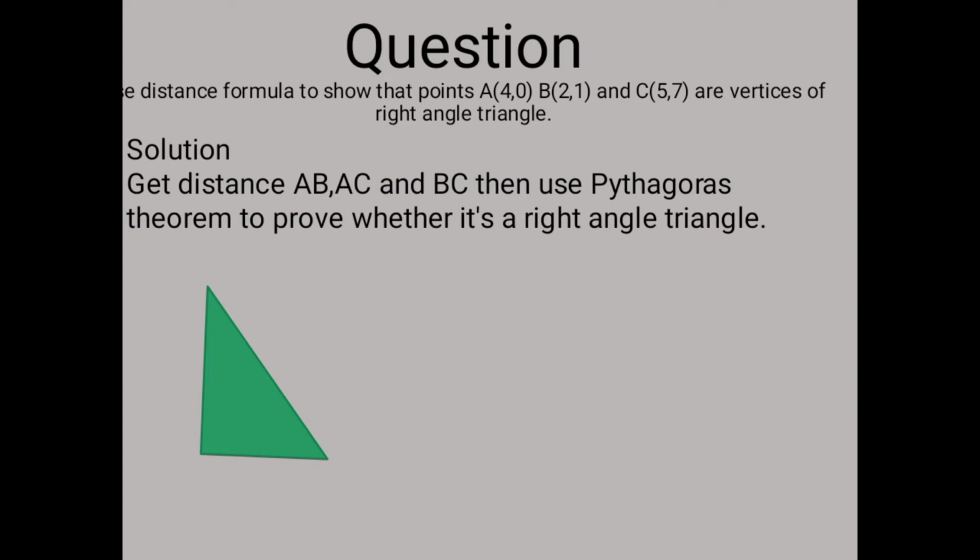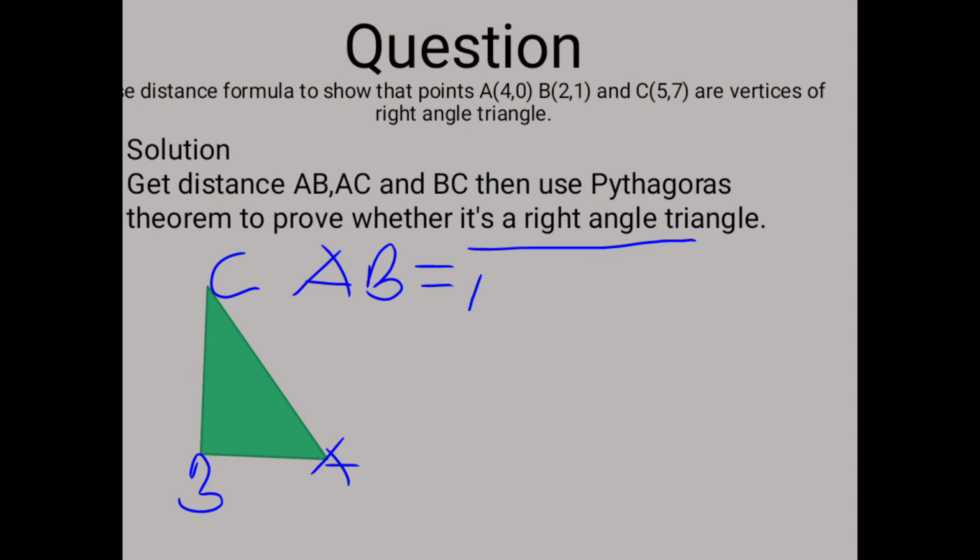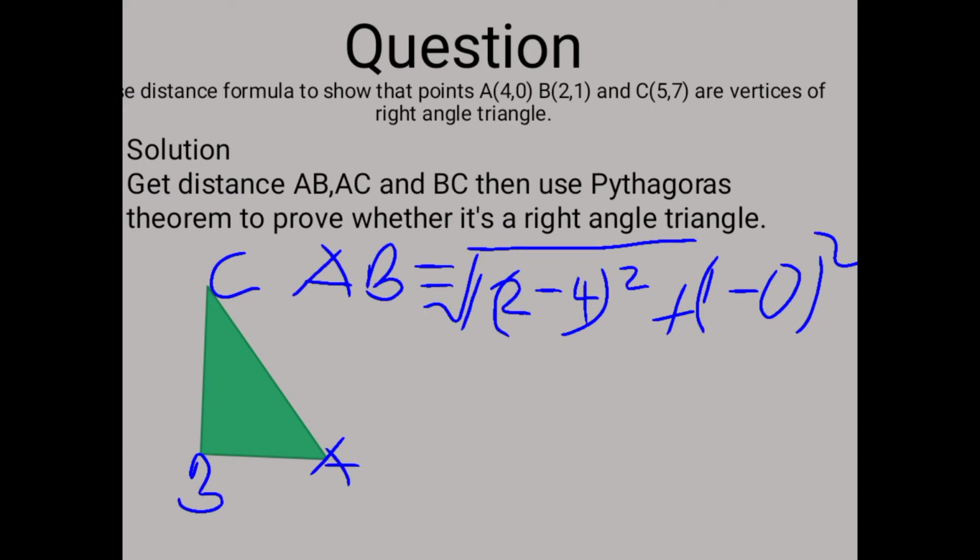Suppose we call here A, here we call B, C. Distance AB through the distance formula, we say 2 minus 4 squared plus 1 minus 0 squared. We get what? We get root 5.